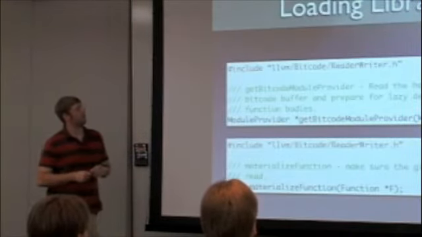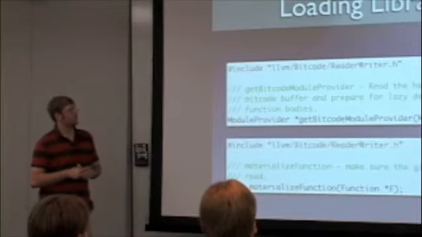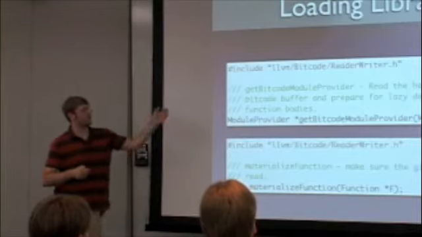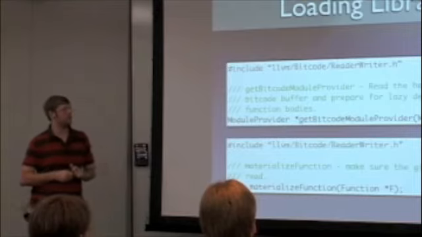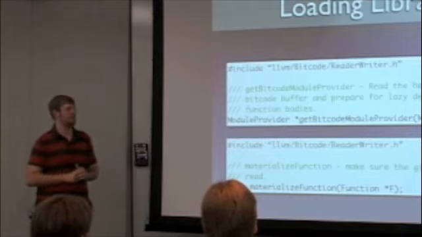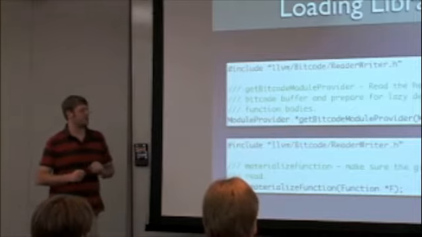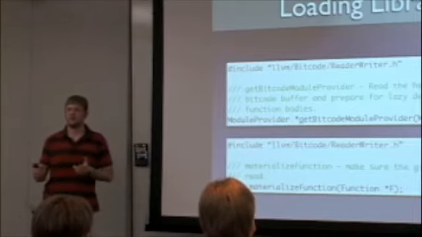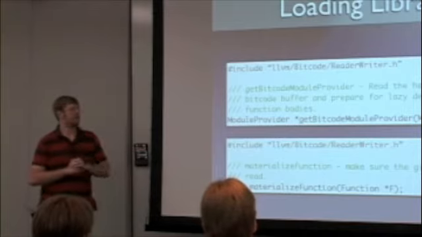All right, in terms of loading libraries, what can we do? So there's a new function here that I'm showing you that says get bitcode module provider, which sounds a lot like parse bitcode file, except it hands you a module provider back instead of a module. So basically, all you're getting here is a handle.